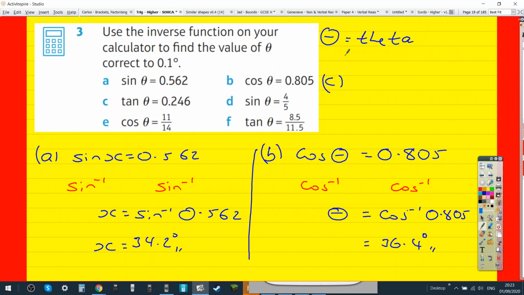So you do the opposite of tan, and it will go to theta equals 0.246. It should be arctan, tan minus 1, 0.246. Oh, yeah, tan. Yeah.